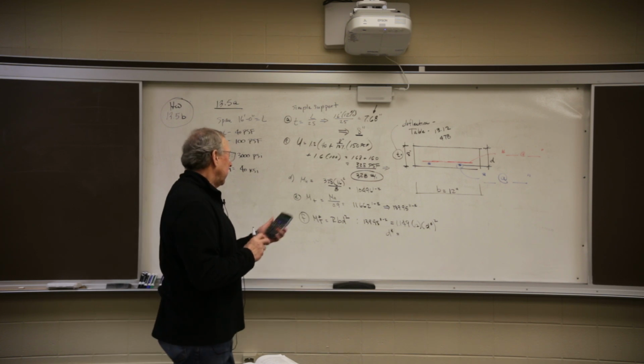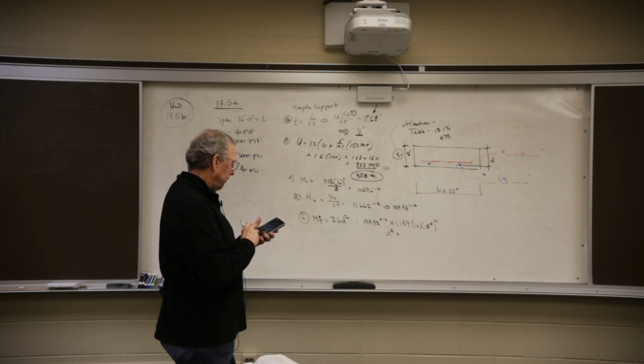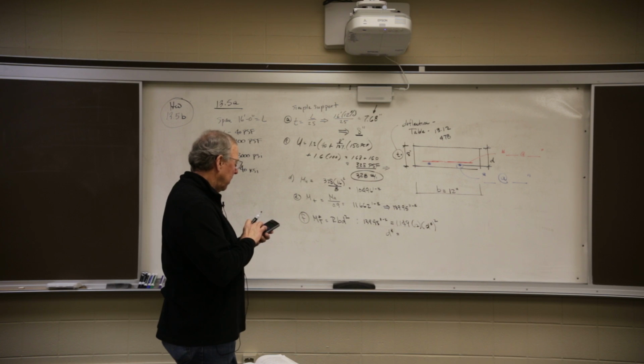Let's take the 139.95. I'm going to divide that by 1.149. And then I'm going to take that and divide it by 12. Then I'm going to take the square root of that. And let's see, that's that guy right there.